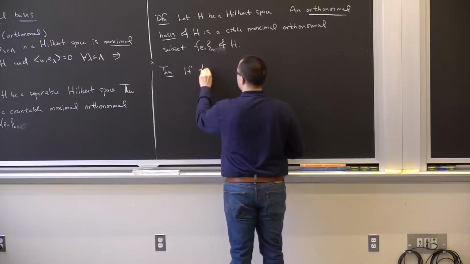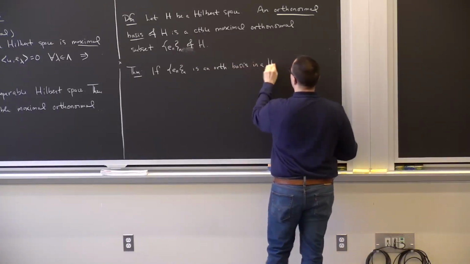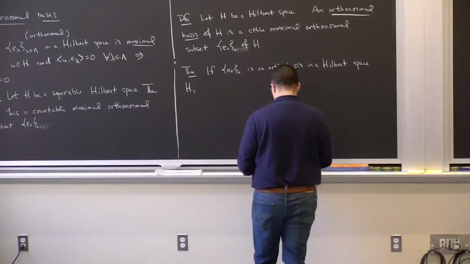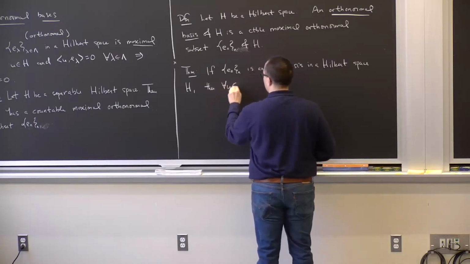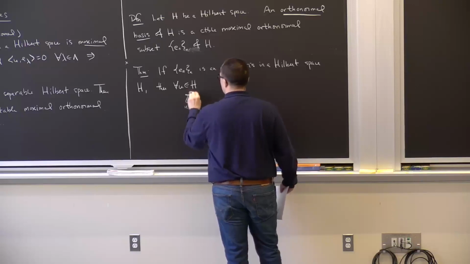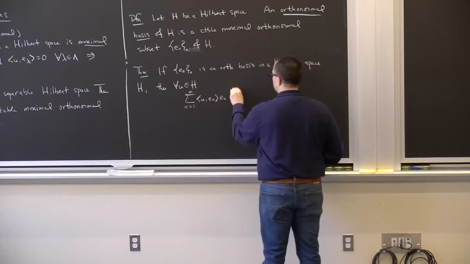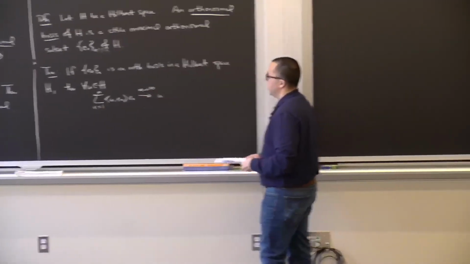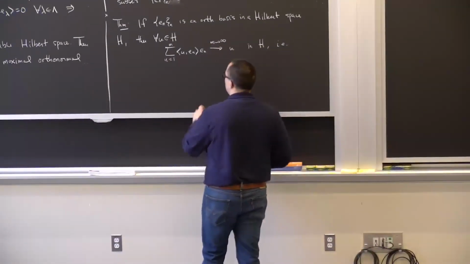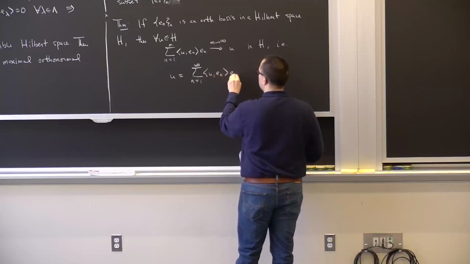The statement is the following: if (e_n) is an orthonormal basis in a Hilbert space H, then for all u in H, the partial sum of (u, e_n) e_n, from n equals 1 to m, converges as m goes to infinity to the element u in the space H. Written in shorter form, u is equal to the sum from n equals 1 to infinity of (u, e_n) e_n.